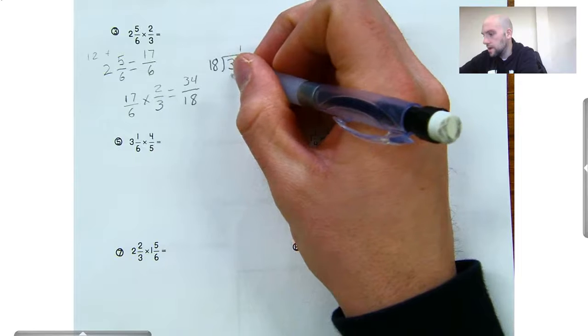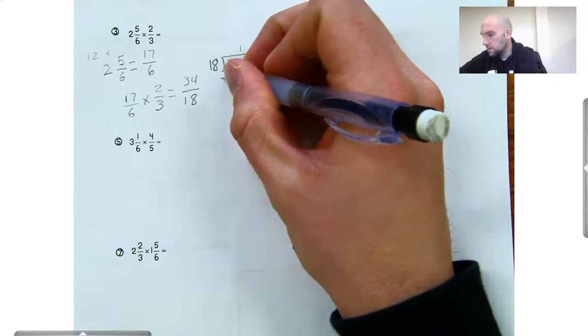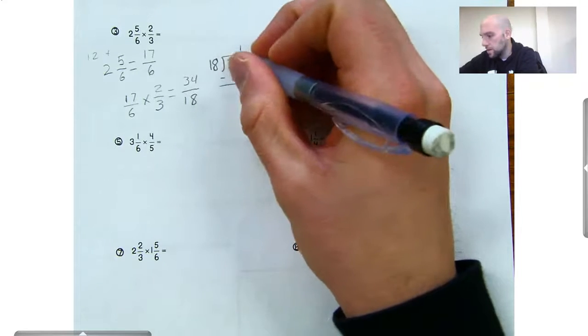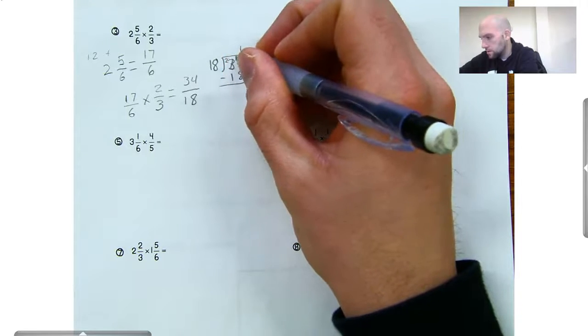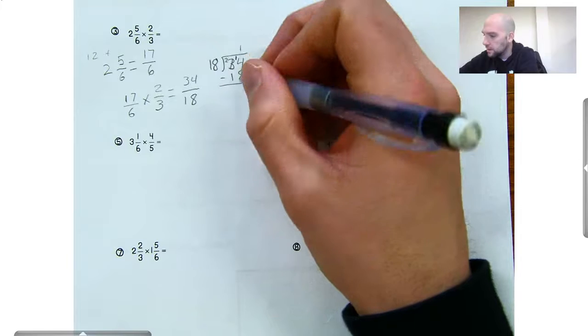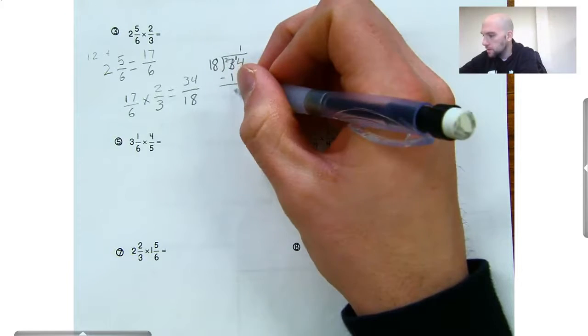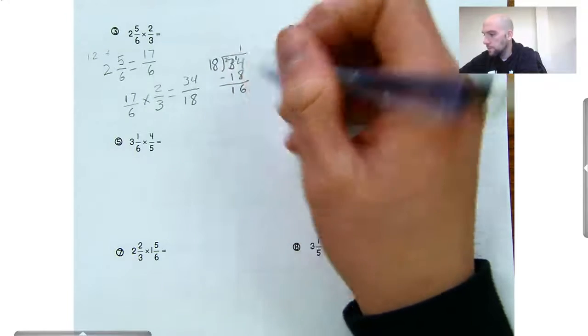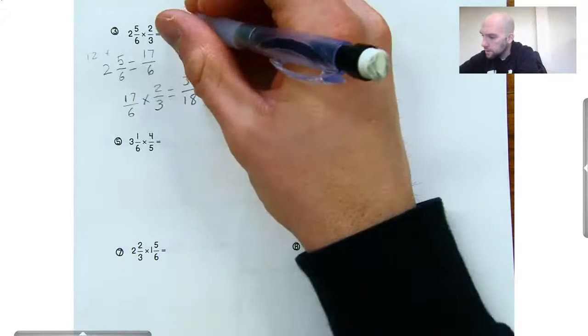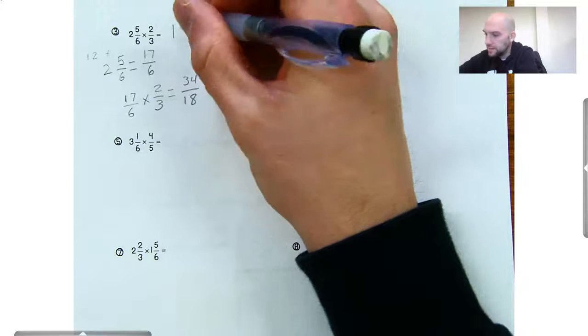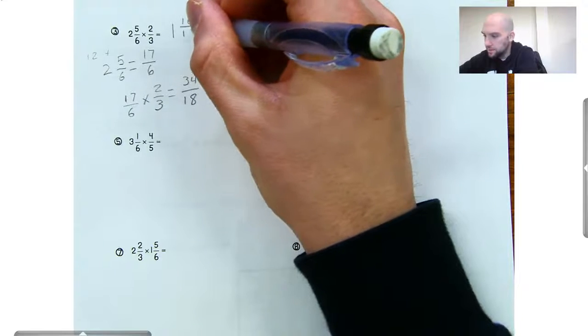So we'll have 18, then we subtract, and we have to borrow. 14 minus 8 is 6. 2 minus 1 is 1. And we have 1 and 16 eighteenths.